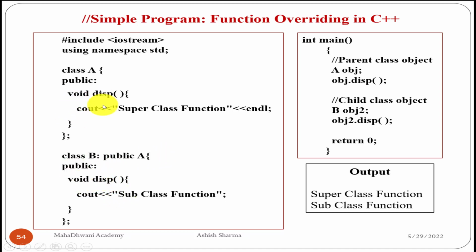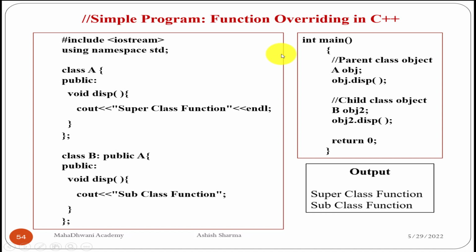The return type is the same, the function name is the same, no arguments, and we have written the definition for the disp function here in the child class as well, printing subclass function, while in the parent class we print superclass function. Then we close the function body and the class body. So we have defined class A and class B with the same function disp.